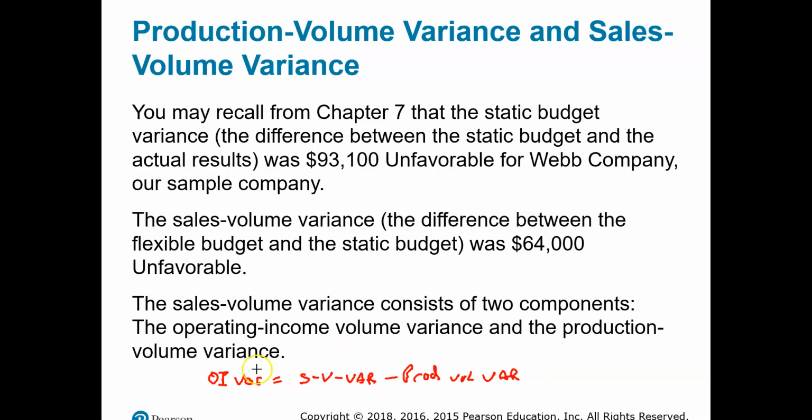It's not that important to be able to calculate, but if we want to, our operating income volume variance is just our sales volume variance minus our production volume variance.